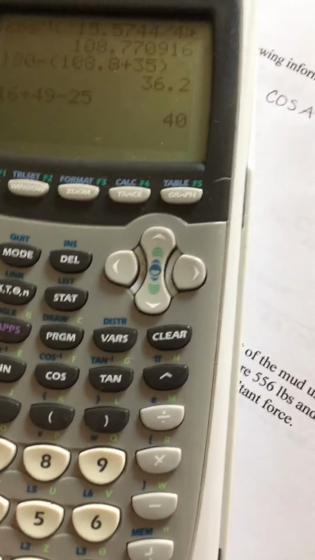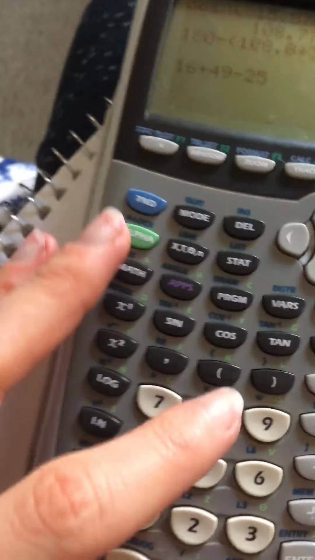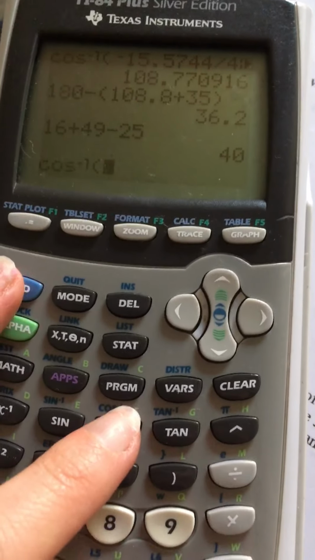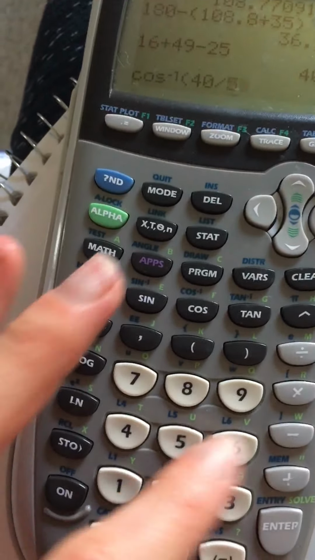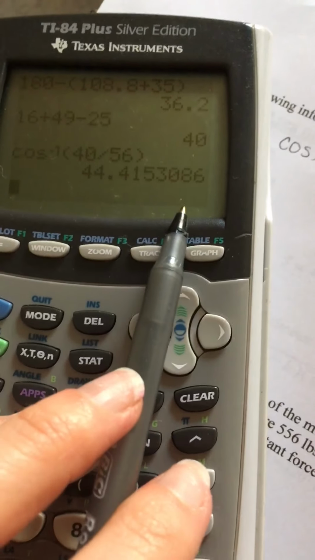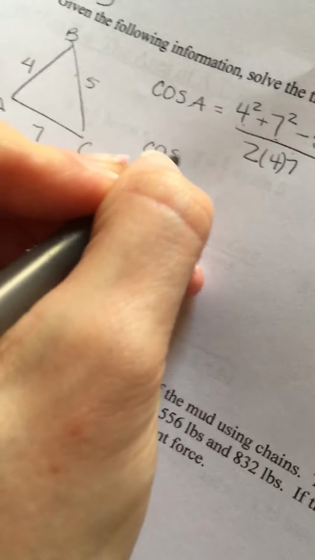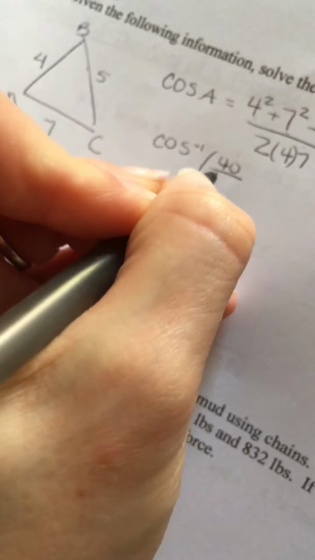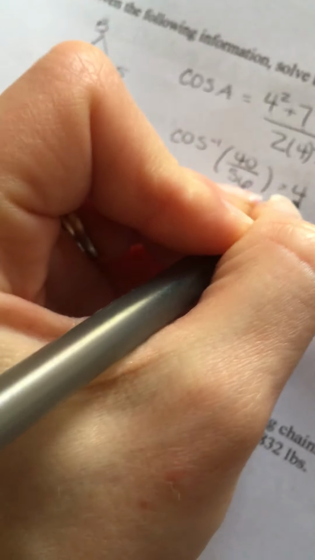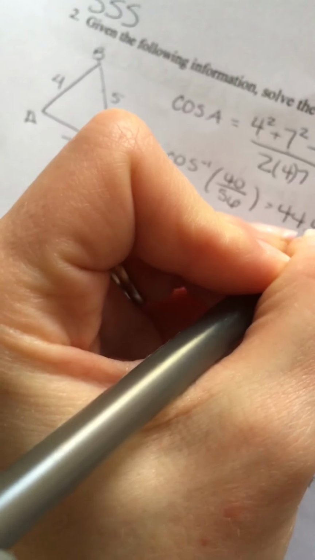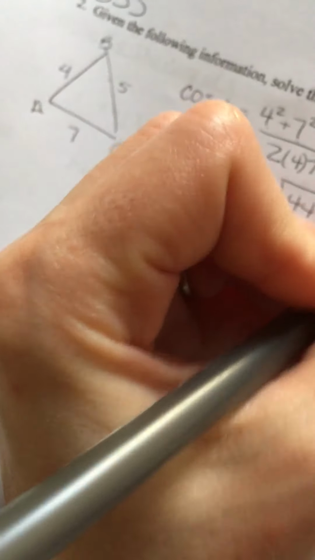So I'm going to do cosine inverse of 40 divided by 56, and I get 44.4 degrees. And we said that was A.